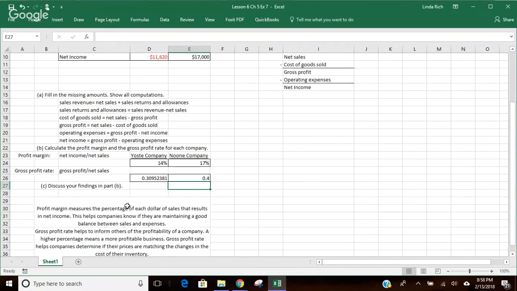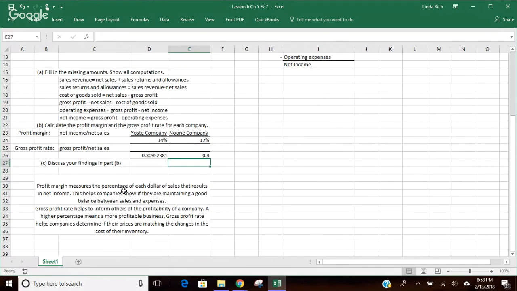And then now it says to discuss your findings. So I thought it would be helpful to discuss it if I started out with the definitions. Profit margin measures the percentage of each dollar of sales that results in net income, and it helps companies know if they're maintaining a good balance between sales and expenses. Different companies of different types have different levels that are normal.